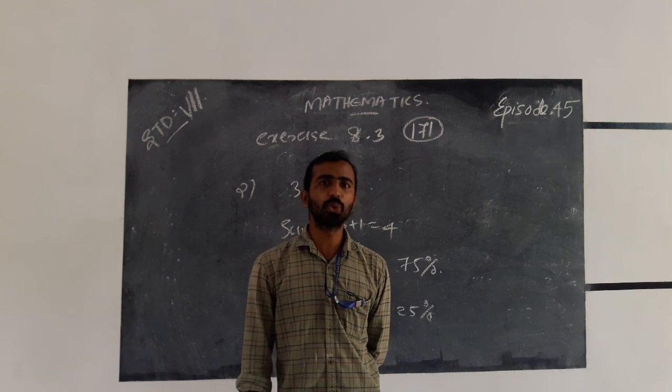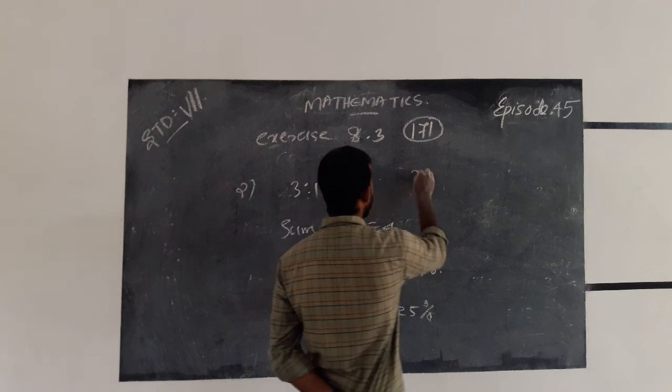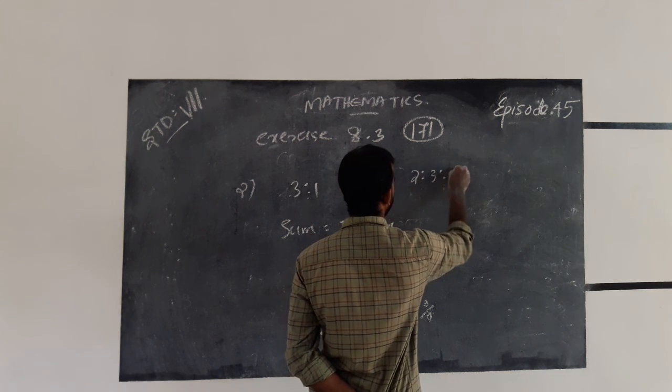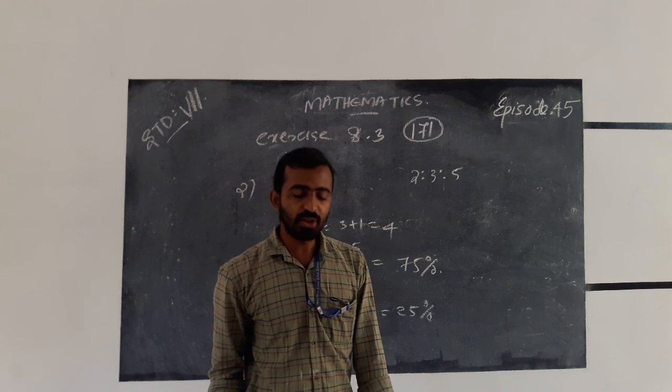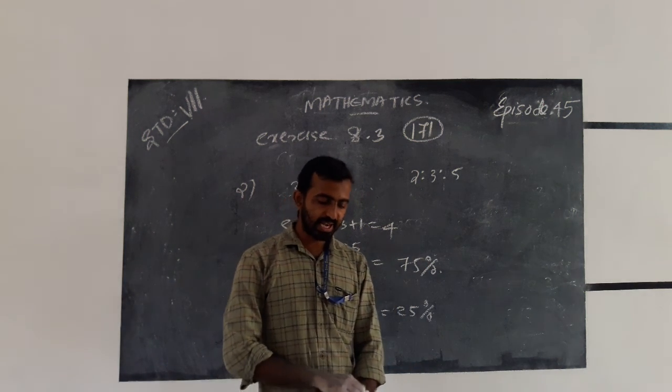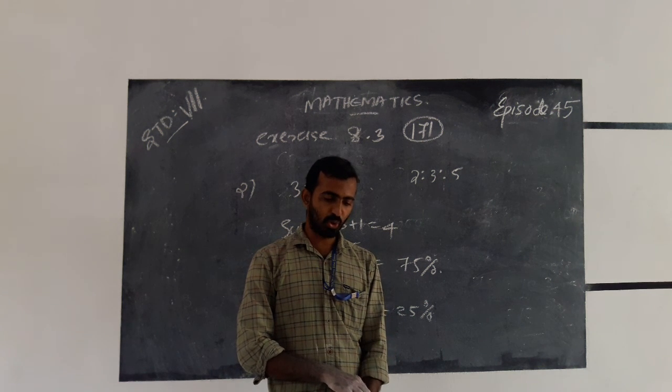And next is 2:3:5. 2 plus 3 is 5, 5 plus 5 is 10. We get 10 as the total sum.